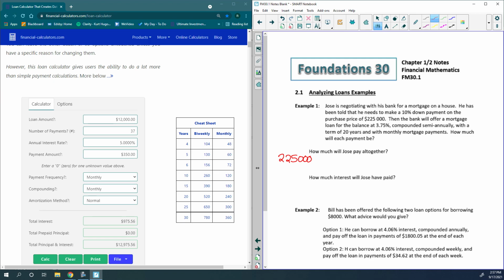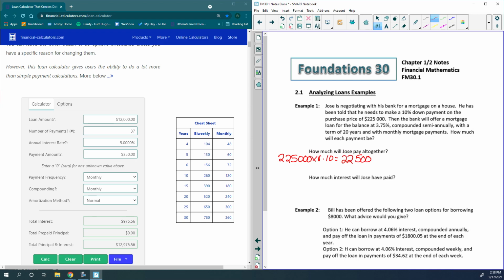But he's going to make a 10% down payment. So he has to pay that 10% before they actually do the loan calculation. So since he's making a 10% down payment, I am going to figure out what that is. So 225,000 times 0.1 is equal to 22,500.